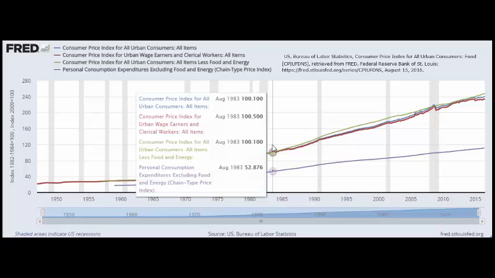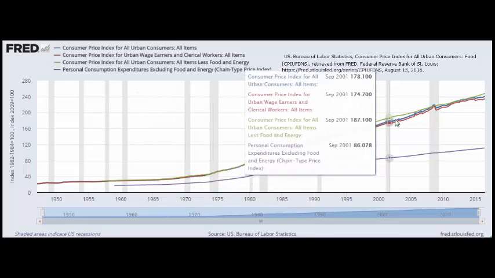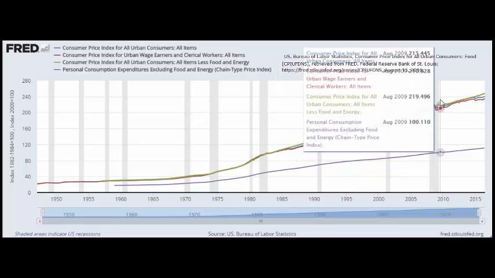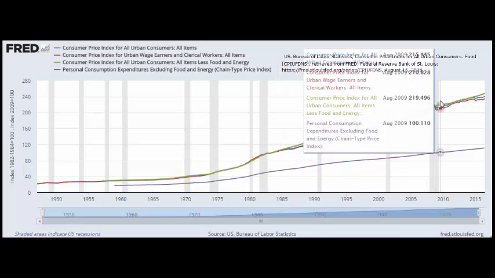But if you look at the last index, which is the one that probably most accurately describes inflation, which is the personal consumption expenditures excluding food and energy, the base year for that is about August of 2009. Remember, the base year is always equal to 100.